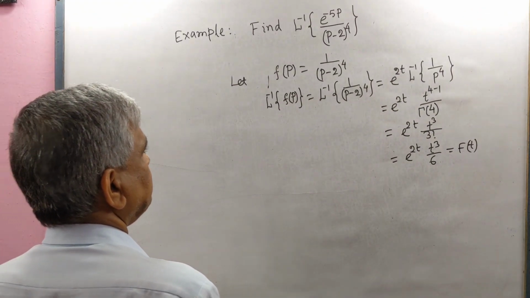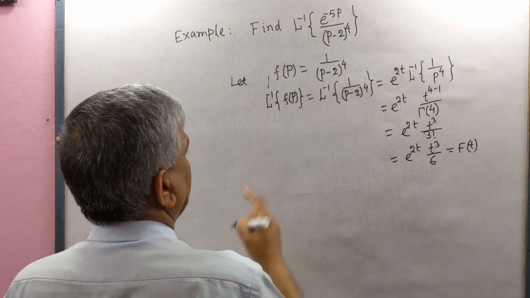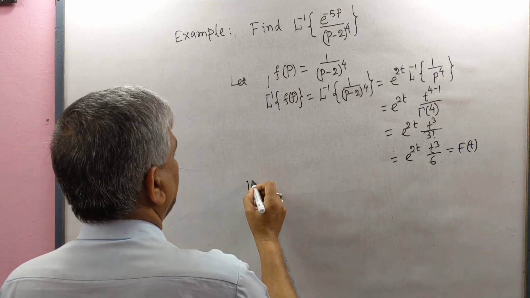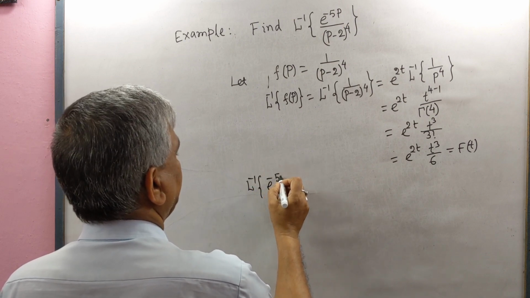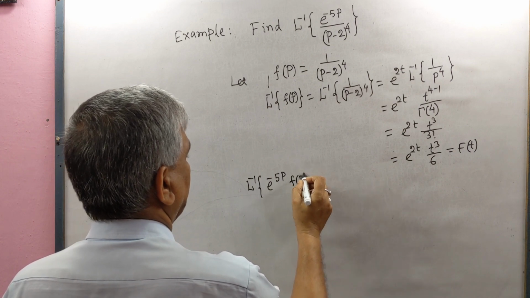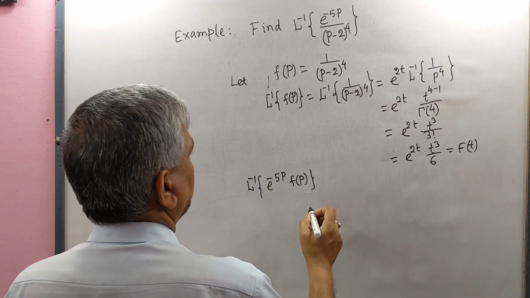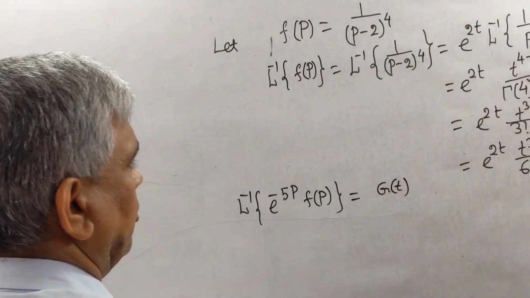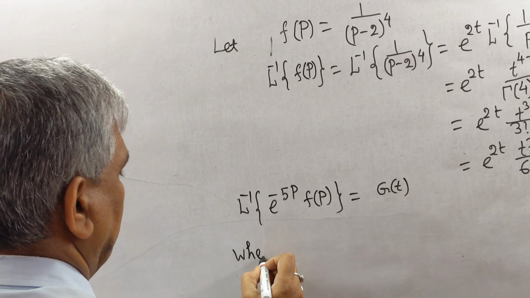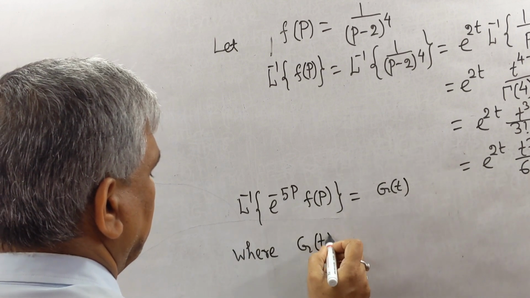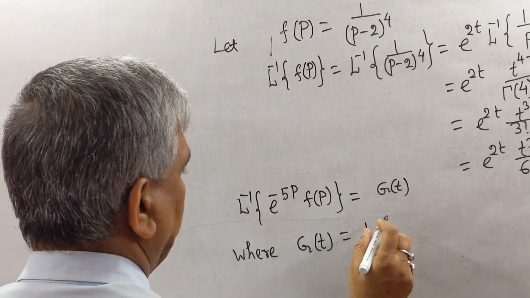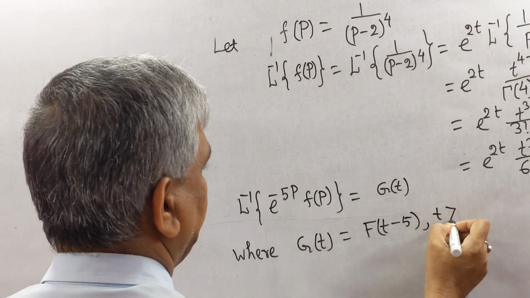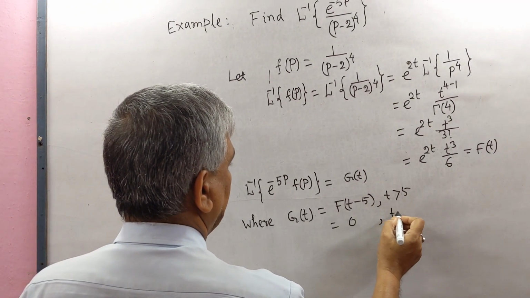Now here e to the power minus 5p F(p), L inverse e to the power minus 5p F(p) equal to g(t), where g(t) equal to f(t-5) when t greater than 5, 0 for t less than 5.